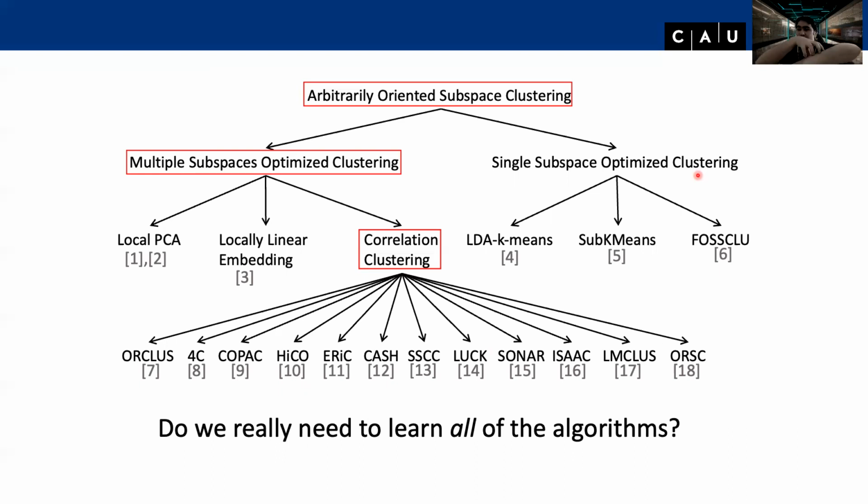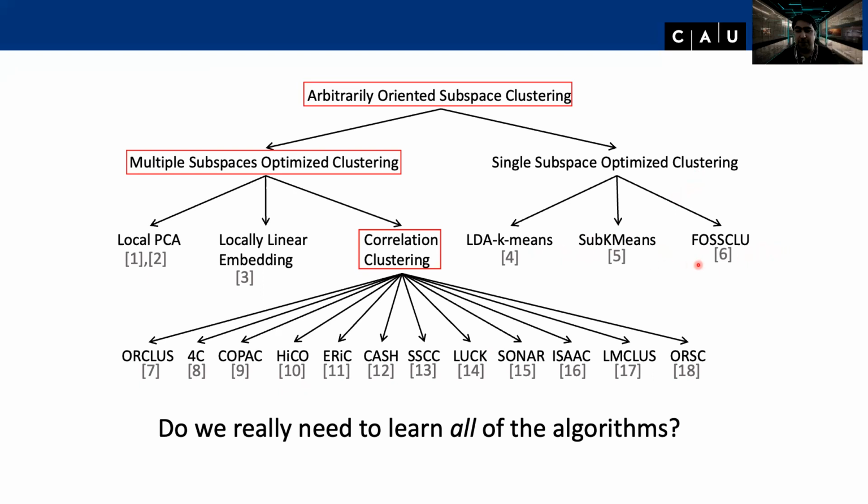You try to figure out on that subspace the interesting clusters. Nevertheless, these works that you see here, like LDA k-means, sub-k-means, FOSS-CLUE, and so on, have some real smart approaches which go beyond the idea of only applying PCA.